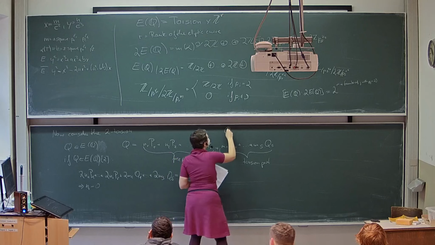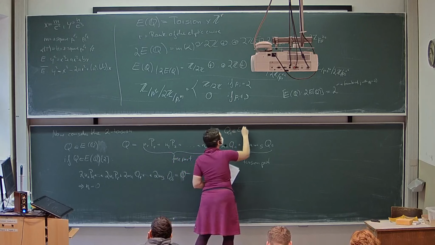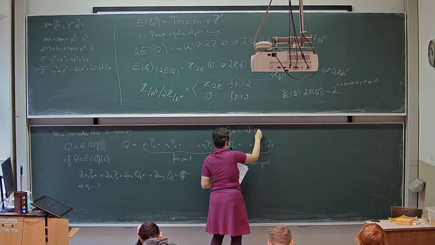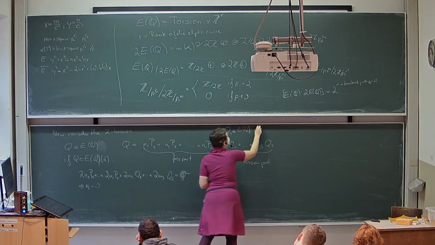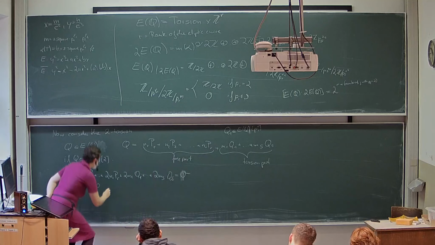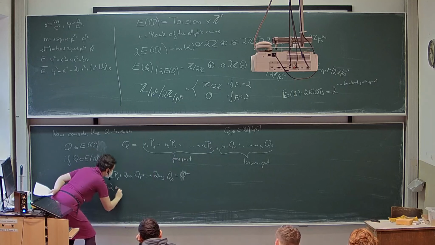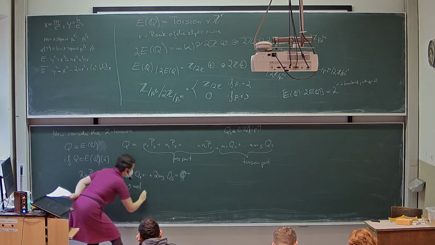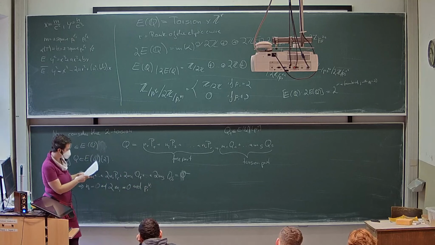So if we have Qi in the pi vi torsion, then 2 times mi has to be 0 modulo pi vi.